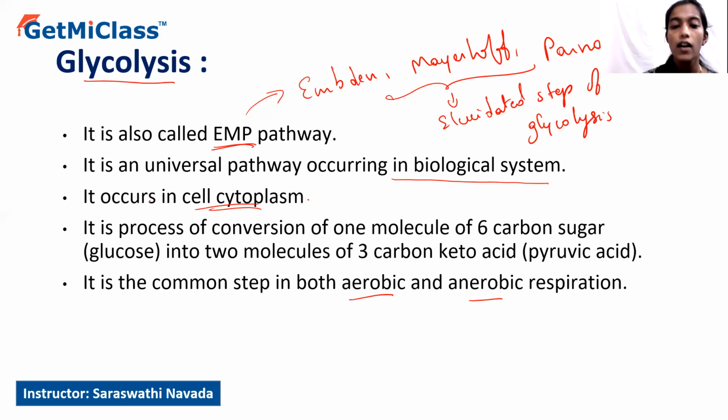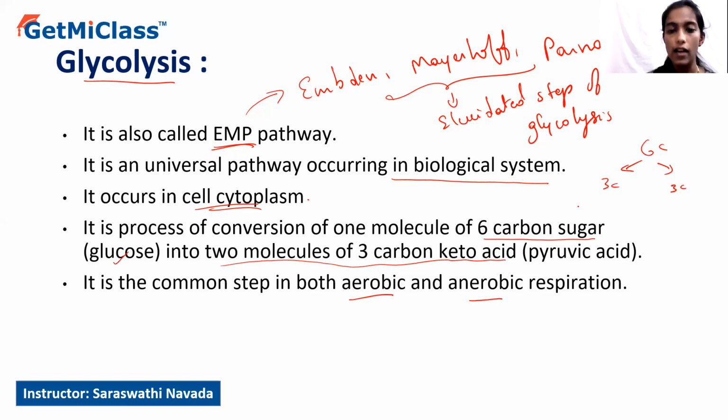And glycolysis can be defined as the process of conversion of one molecule of 6-carbon sugar, generally we'll consider it as glucose, into 2 molecules of 3-carbon keto acid. The 6-carbon will be split into 2 molecules of 3-carbon compound in glycolysis.